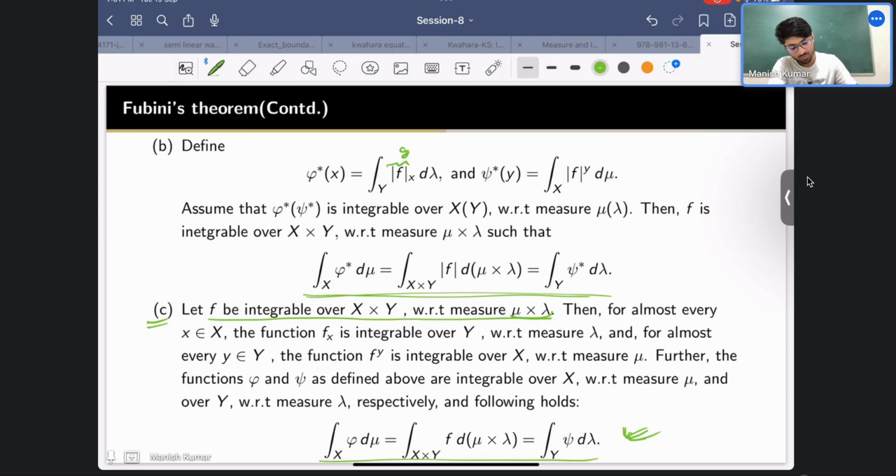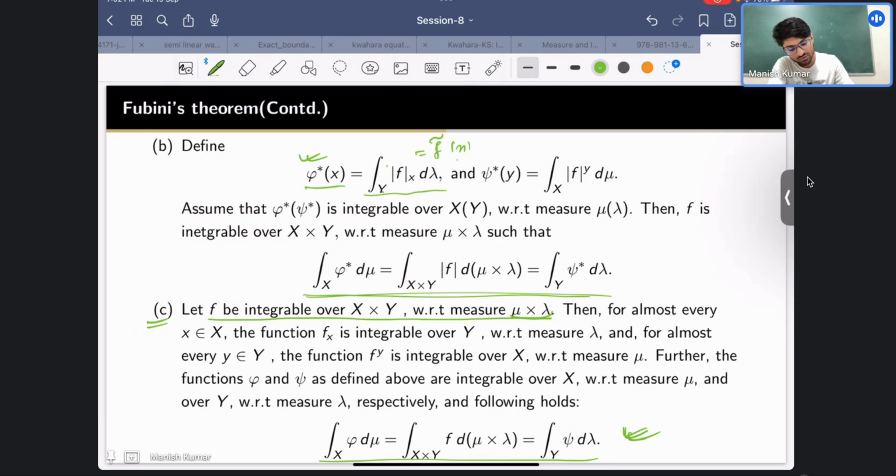So suppose you can prove that this starred integral is integrable with respect to x. This is just a function of x, because you have integrated over y, so let's say f tilde of x.